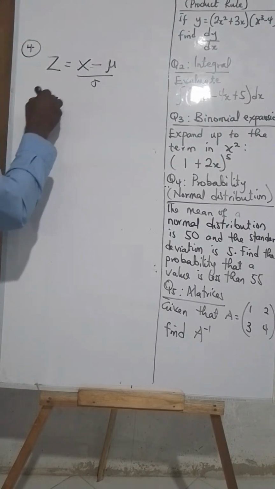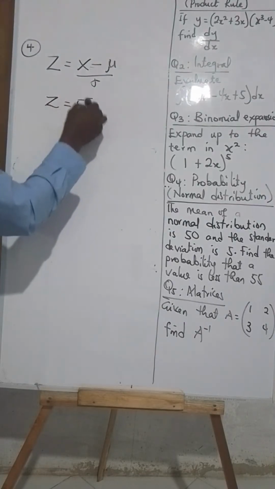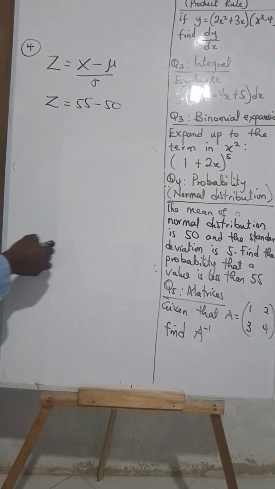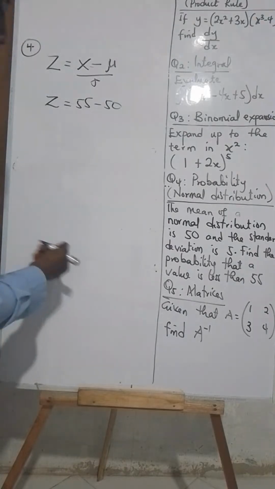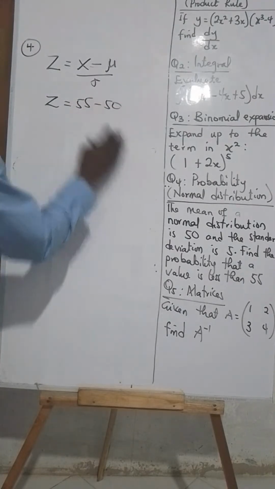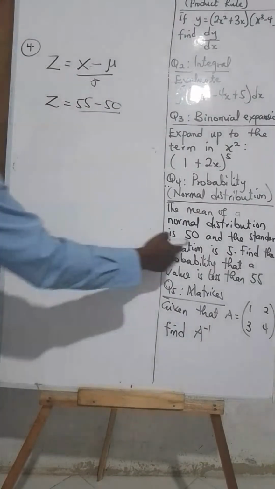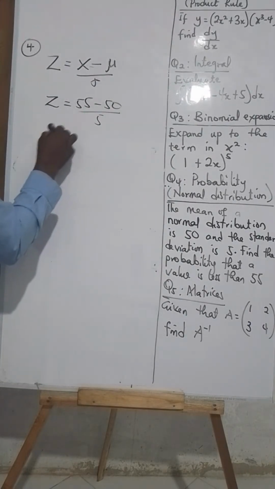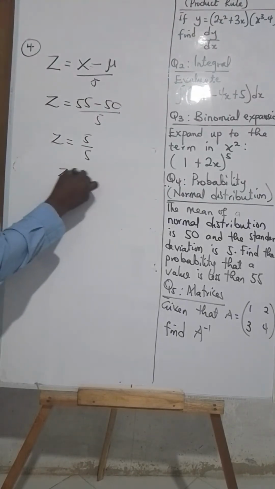So here z equals 55 minus 50. The x is 55, since you find the probability that your value is less than 55, right? So 55 minus the 50, which is the mean, on the standard deviation, which is 5. So we have 5 on 5. This is giving us 1.